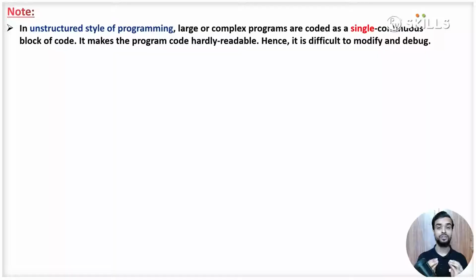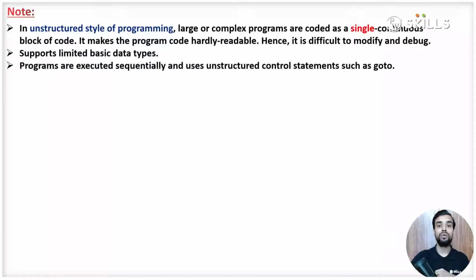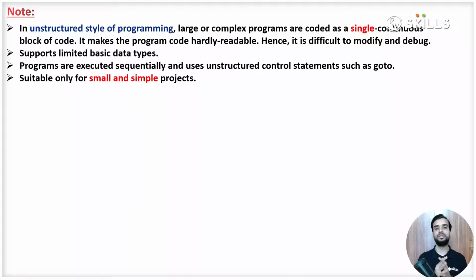As a result, it makes the code hardly readable. And undoubtedly, it is extremely difficult to modify and debug in this style of programming. And some other features of the unstructured style happen to be these two features. But most importantly, we know that this style of programming is suitable for small and simple projects.